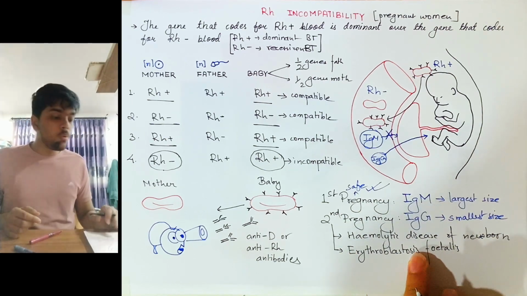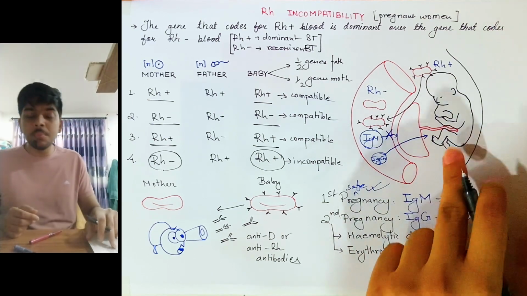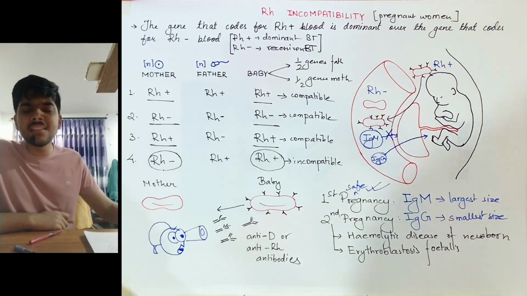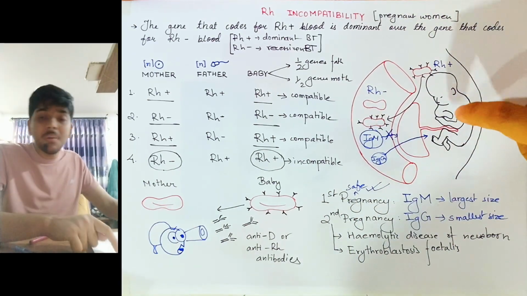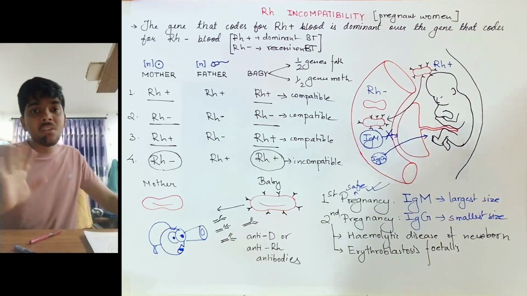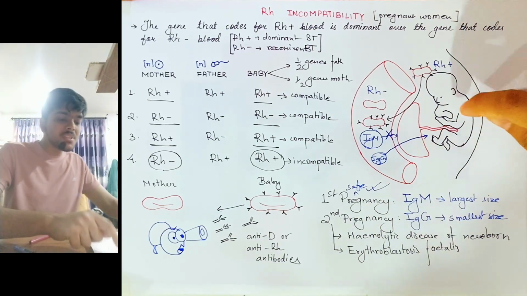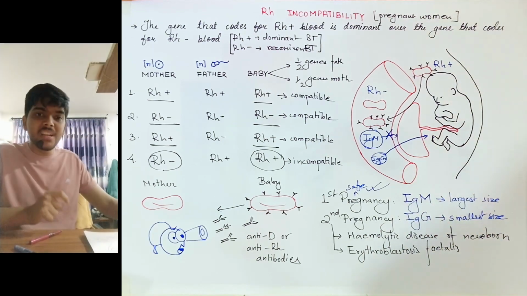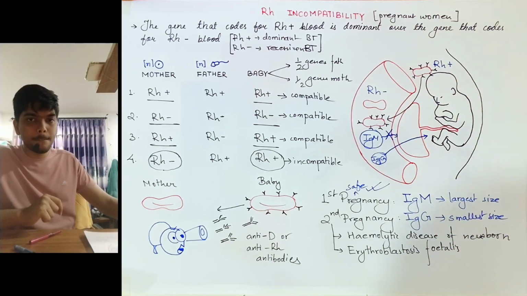And what happens when erythroblast enter the bloodstream of the baby? The immune system of the baby recognizes erythroblast as foreign, because the immune system of the baby knows erythrocyte, not erythroblast. So the immune system of the baby starts destroying erythroblast.